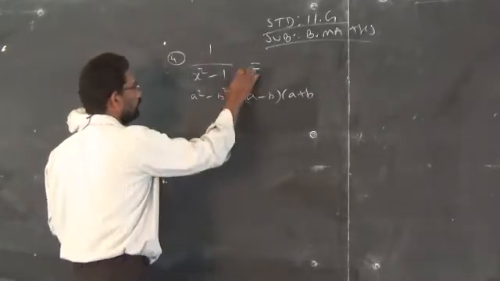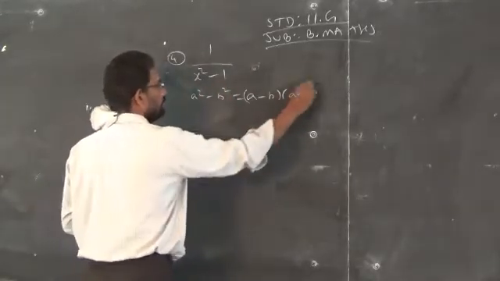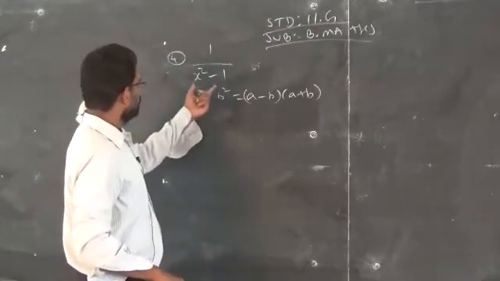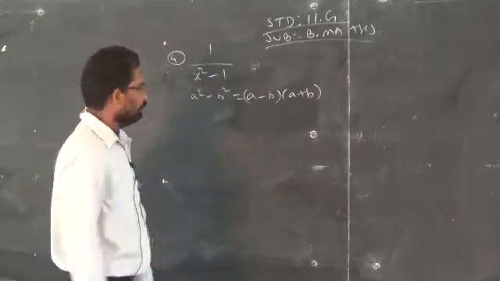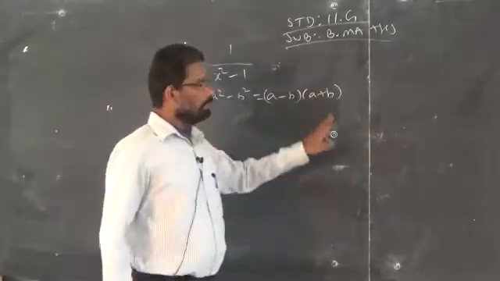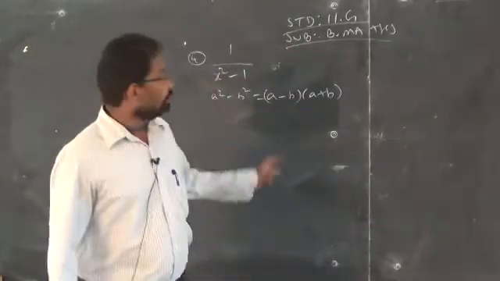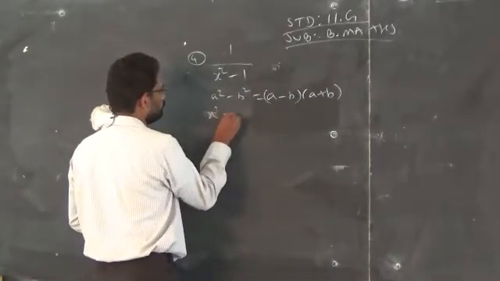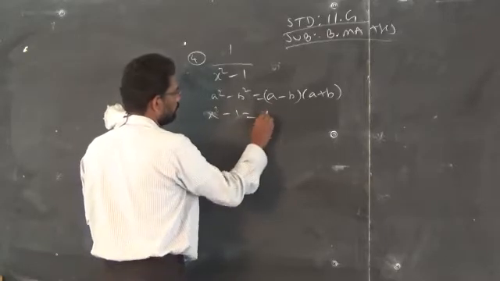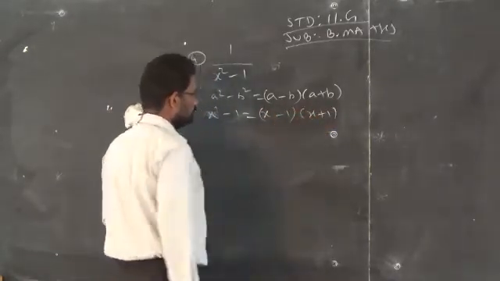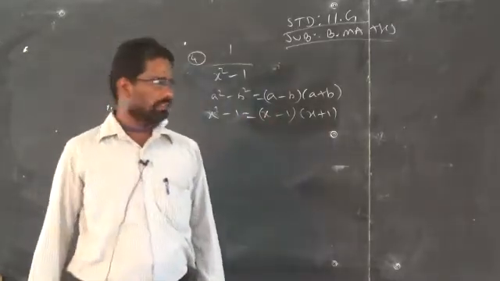So, I am going to apply this identity to the denominator, that is x square minus 1. By using this identity, I can rewrite the denominator in two factors, x square minus 1 is replaced by x minus 1 into x plus 1. This formula you learnt already in 8th standard.